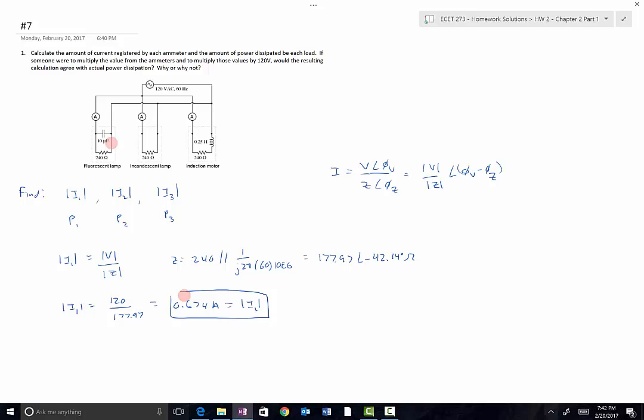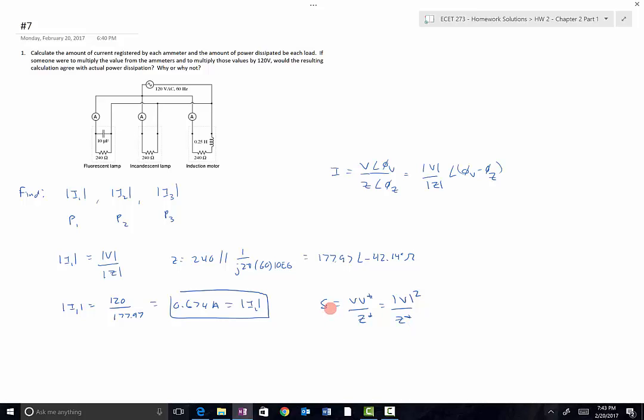So I need to determine the power through this circuit, and I know it's tempting to use the current, but remember the ammeter is located here, so that's total current flowing through here, not necessarily the current flowing through the resistor. I do know, though, that because those two are in parallel, there is 120 volts across that 240 ohm resistor. So I am going to use that the power is equal to V star over Z star, which is just the same as saying the magnitude of V squared over Z star.